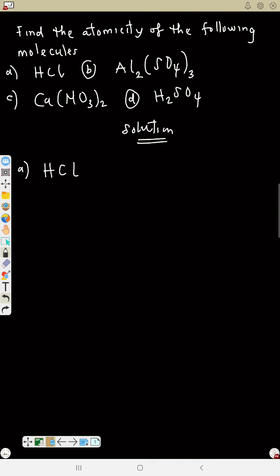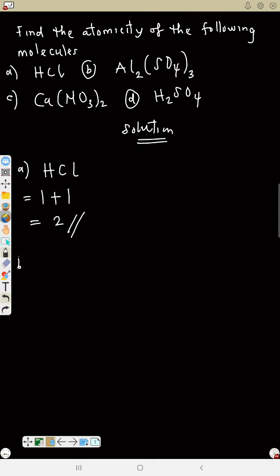So its atomicity is one hydrogen plus one chlorine, which is 2. That means the atomicity of HCl is 2. It is the number of atoms present in a molecule of a compound, element, etc.